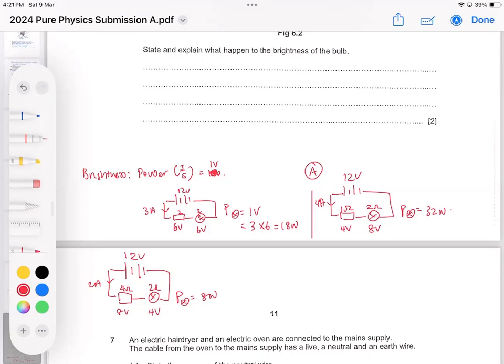In scenario B, when the resistance of the resistor increases, it draws more of the voltage, whereas the lamp, which again remains unchanged, is now drawing only 4 volts compared to the original 6 when they are equal. So the most important conclusion here is that this occurs in particular in a series circuit.